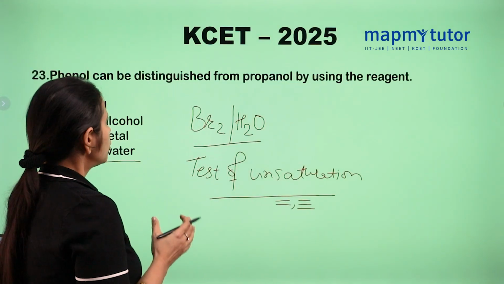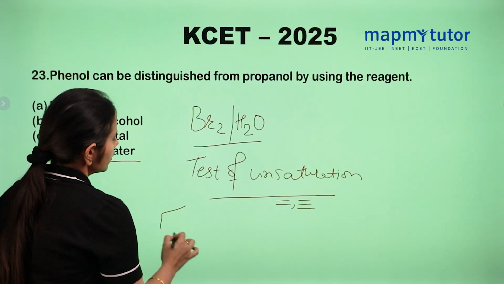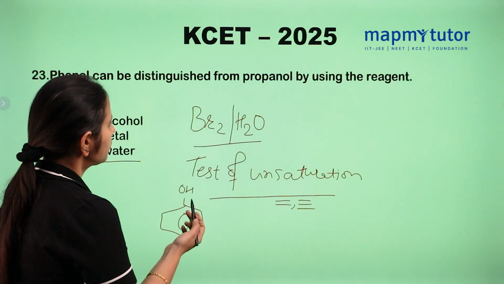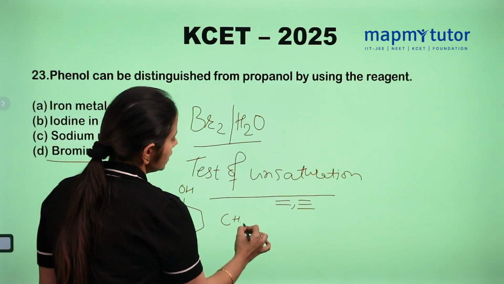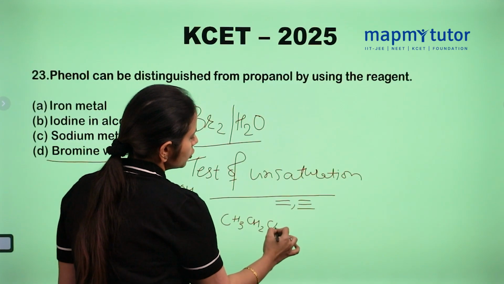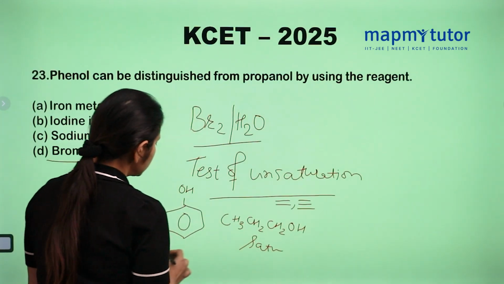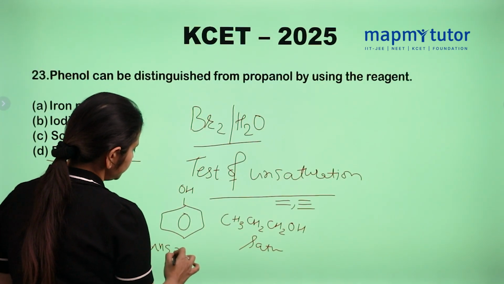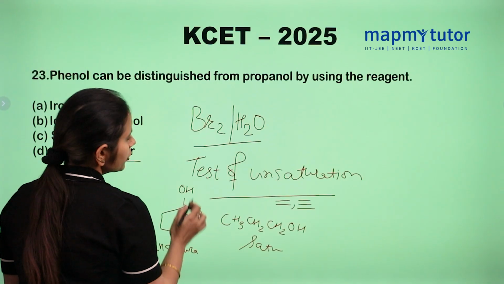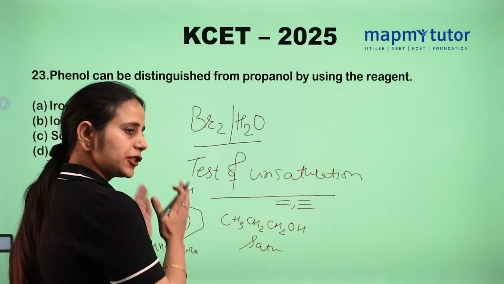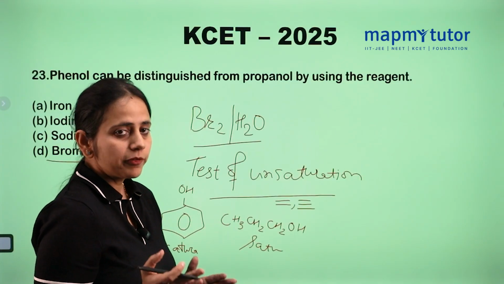So the structure of phenol is a benzene ring and OH. And propanol is linear, CH3CH2CH2OH. So this is a saturated compound and this contains unsaturation. So with the help of bromine water, we can distinguish a saturated and an unsaturated compound very easily.